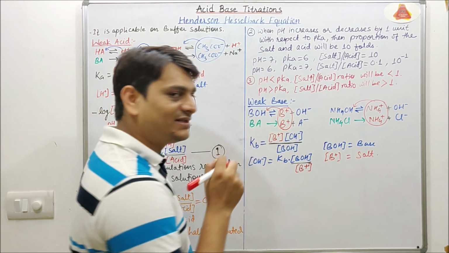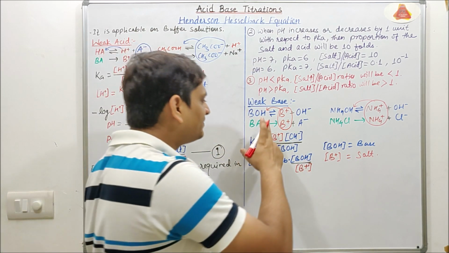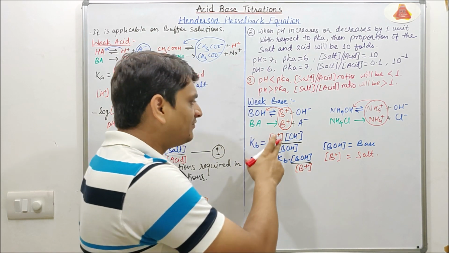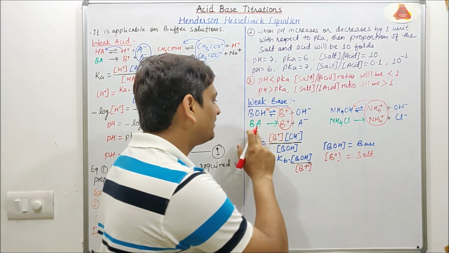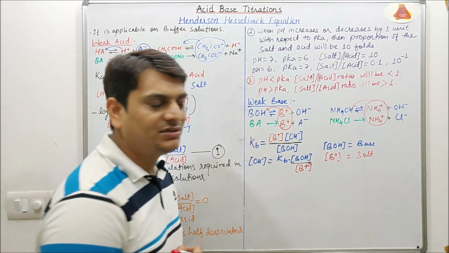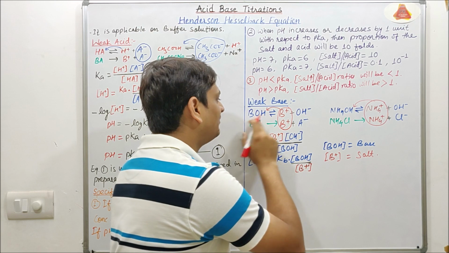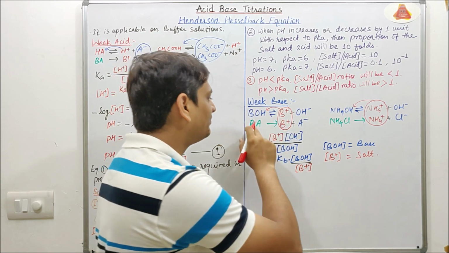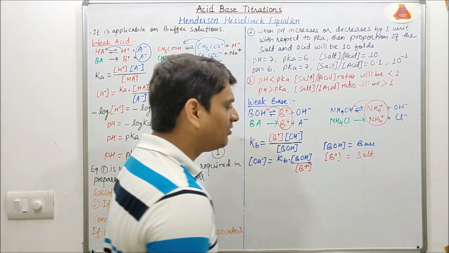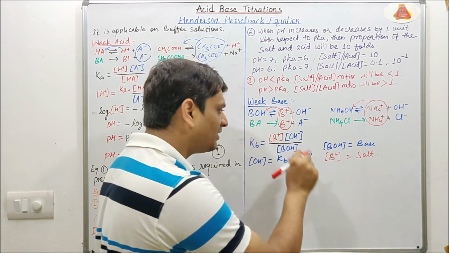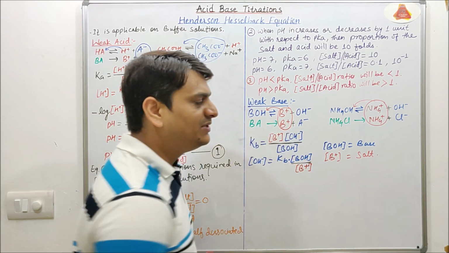So here the question arises: why are we taking B plus equal to salt? As per this reaction you can see that whatever B plus ions are coming in this solution, they are from BA, that is the salt. And the contribution of the B plus ion which is coming from the weak base is negligible as compared to this salt. That is why we are taking B plus equal to salt, because all the B plus ions are coming from this BA.